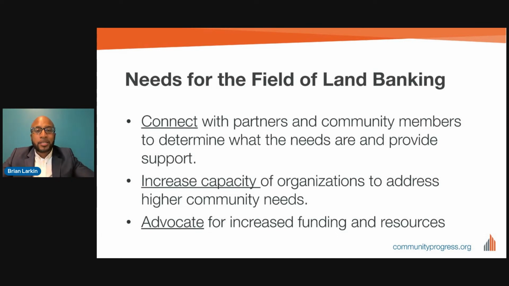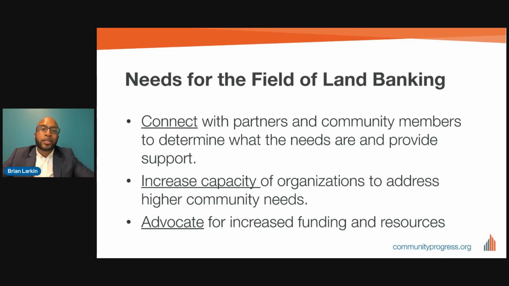That advocacy piece is really vital and important. Here at the Center for Community Progress, we have a policy and research team that's led by our director, who is able to stay on top of these federal issues. Land banks are small organizations, hyper-focused on their local community and staying on the ground.